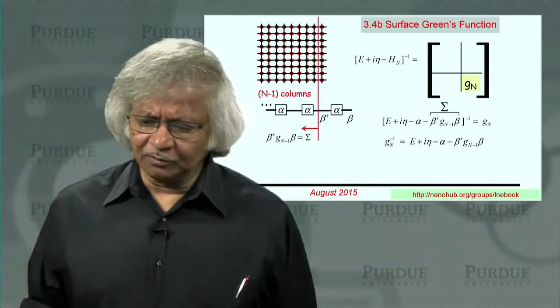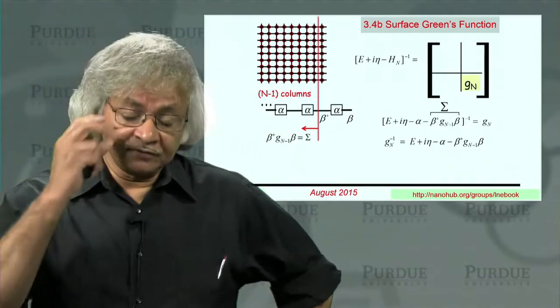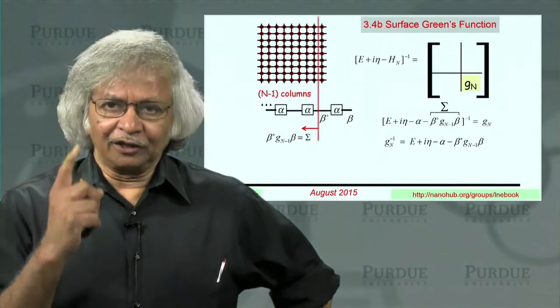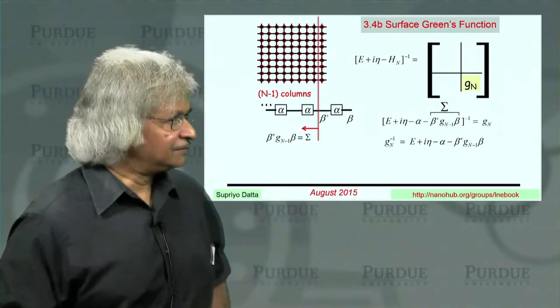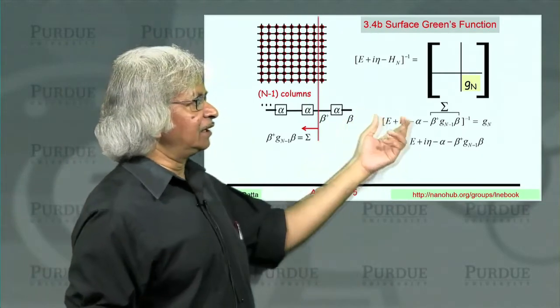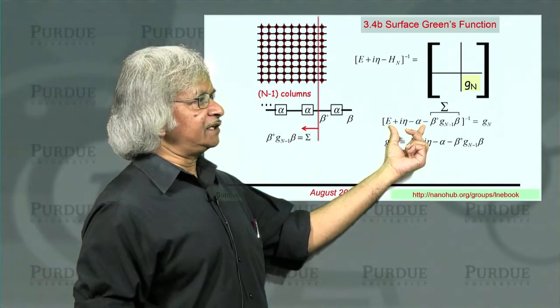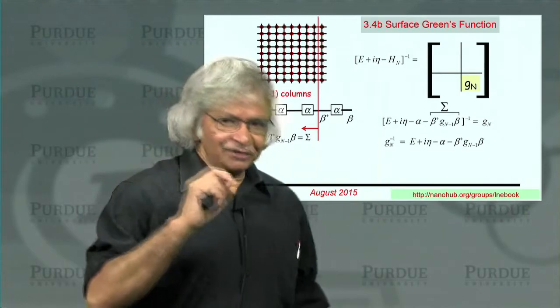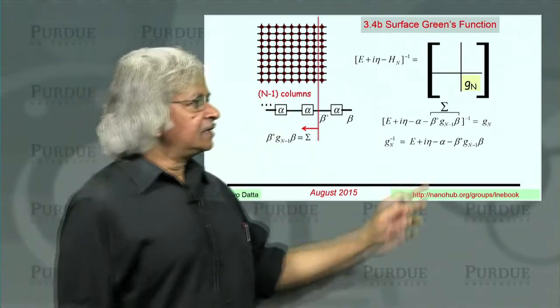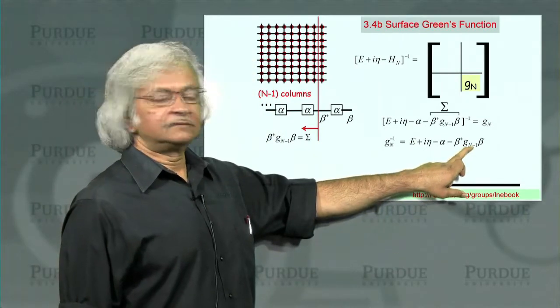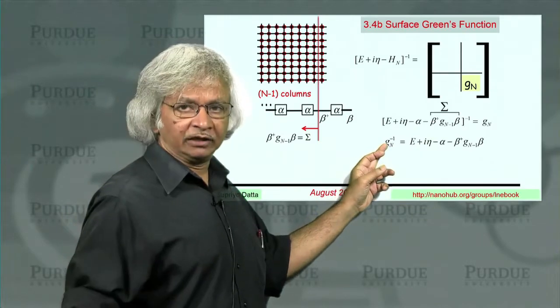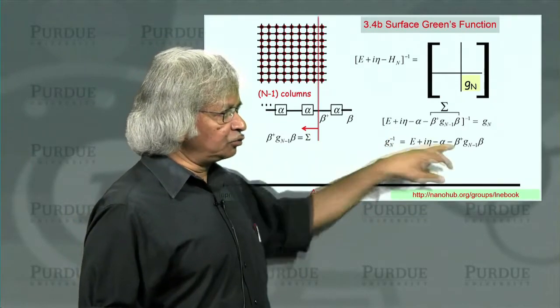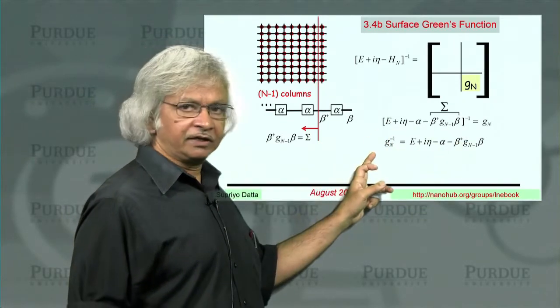That is, you start out by saying, okay, I know the surface Green's function for a contact with just one column. That's easy, because if it's just one column, it's just E plus I eta minus alpha, inverse. So that would give me the Green's function for just one column. So I could put that in there and get the Green's function for 2 columns. Then you take the 2 columns, put it in there, and you get the 3 columns.